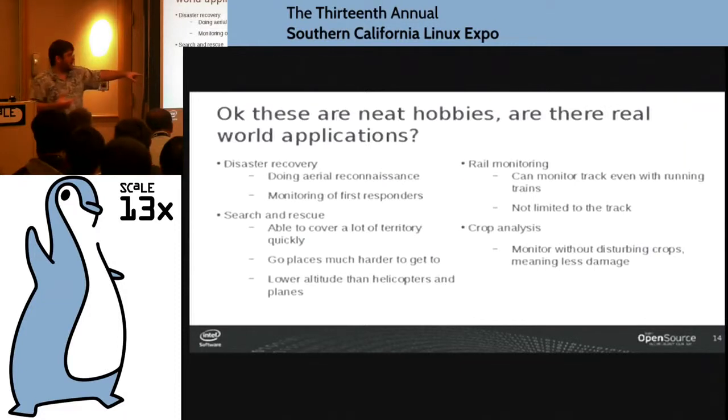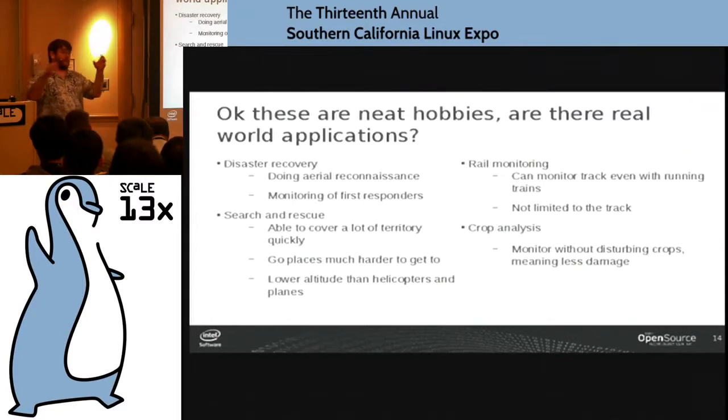In fact, there's a story running around that one of the Linux developers was participating in a search and rescue operation out in the wilderness somewhere, and he was using a drone. They were able to find the individual significantly faster because of the drone's ability to run around and look for the person. I don't remember exactly the numbers, but they found the person much faster, and everything worked out very well.